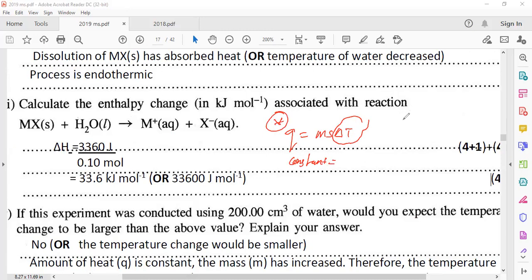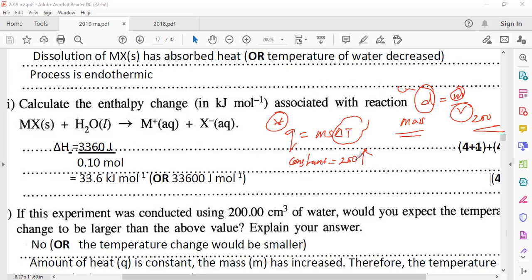They are speaking about the mass. So how do we derive the mass? The density equals mass over volume, right? As the density is constant, the mass depends on your volume. So indirectly, the volume of the system is increased.